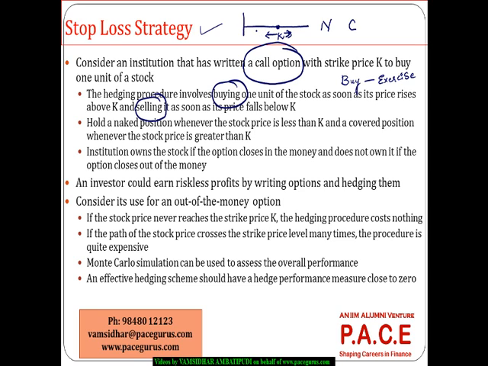The moment you see that the stock price is going below the strike price, then you just keep selling that asset. So which means it's a combination of naked and covered position. If the stock price is less than the strike price, go naked. If the stock price is more than the strike price, keep covered.